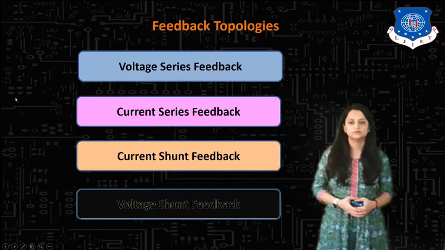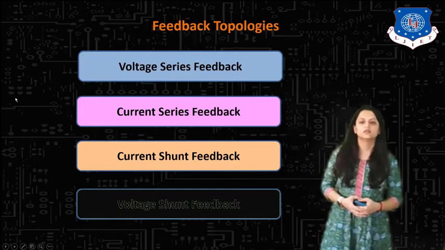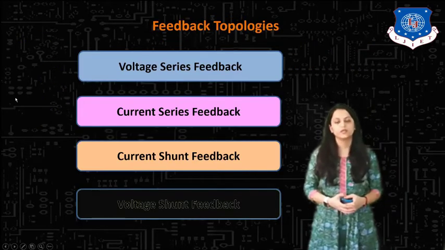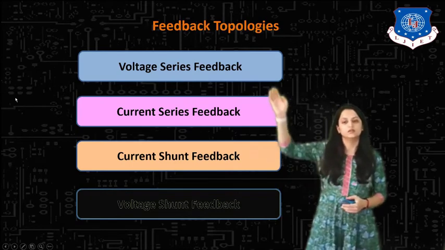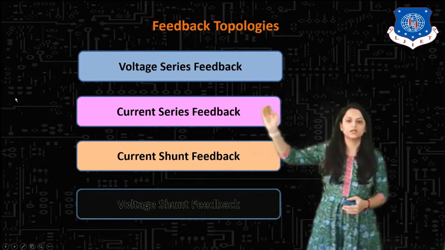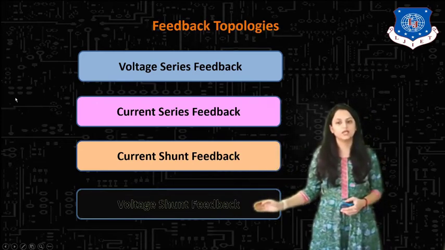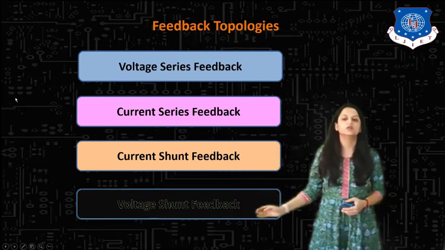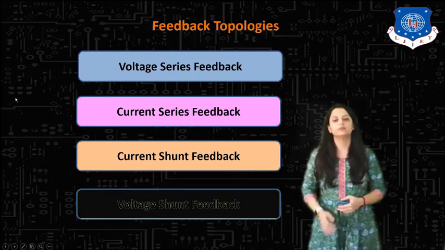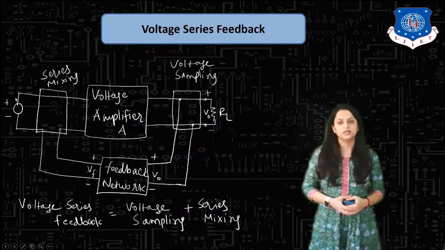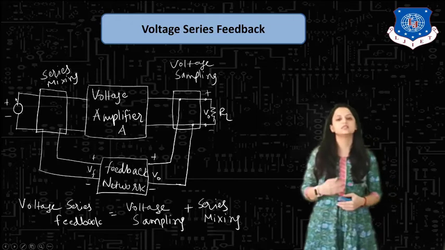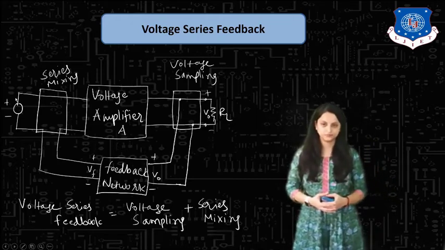Now let us see the feedback topologies. The first is voltage series feedback, then current series feedback, current shunt feedback, and voltage shunt feedback. These are the four main topologies for feedback amplifiers. Let us see the first one, the voltage series feedback amplifier.